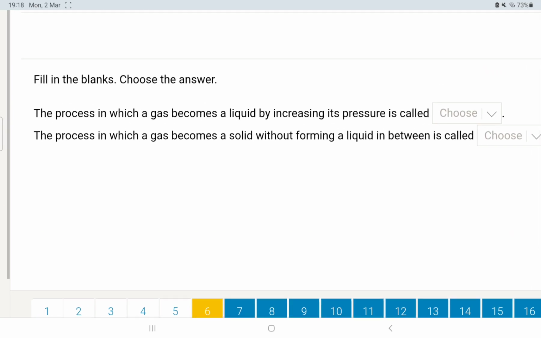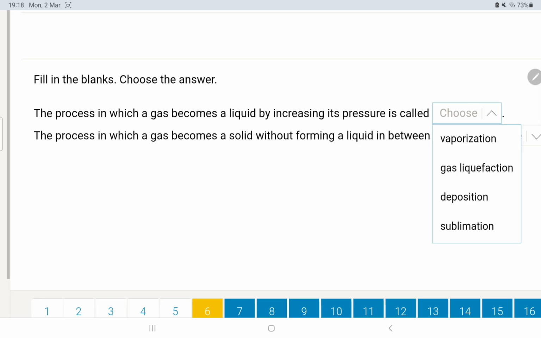Here. The process in which a gas becomes a liquid by increasing the pressure. Now guys, here we're gonna be discussing gas liquefaction, or you might also see it written differently. Okay? They're the same thing. So basically, gas liquefaction is when you change a gas to a liquid by increasing the pressure.